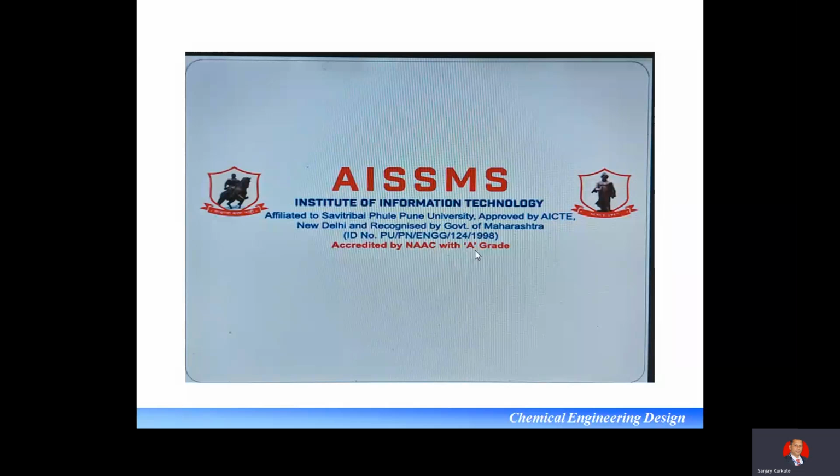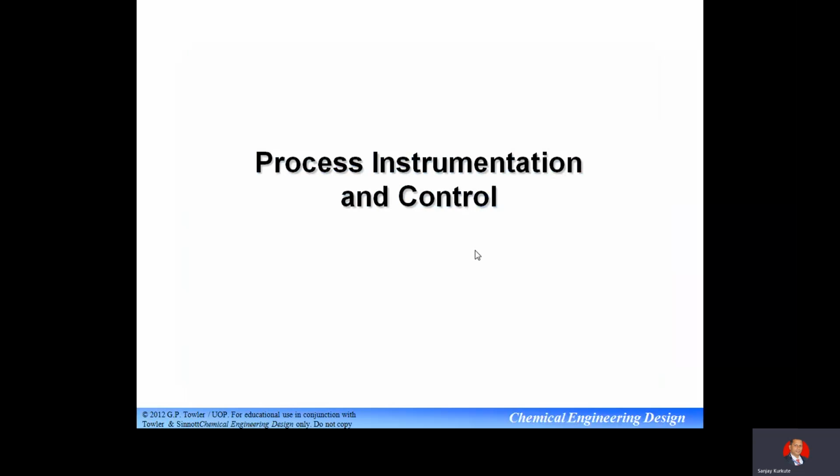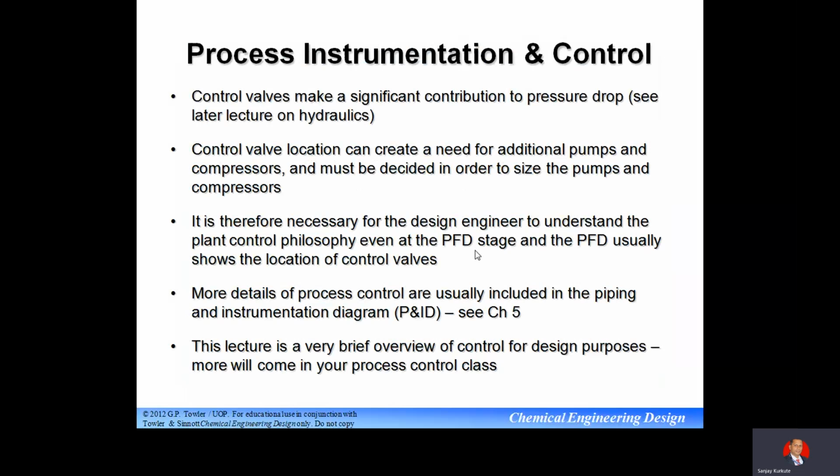Let us see the details about process instrumentation and control system. So here, as we know, in a process instrumentation and control system, some of the important components are related to control valves or controllers.